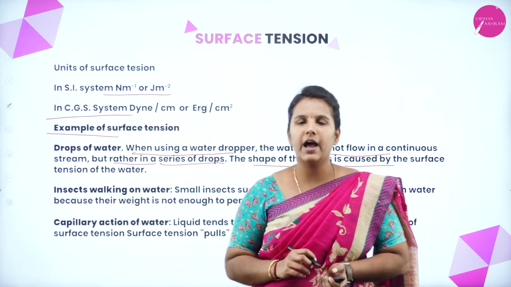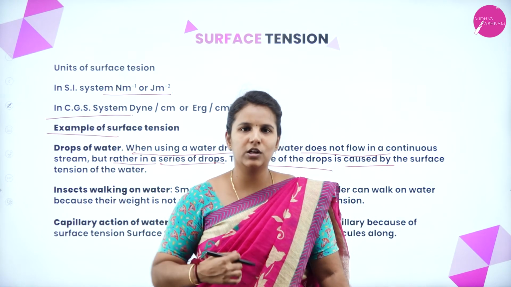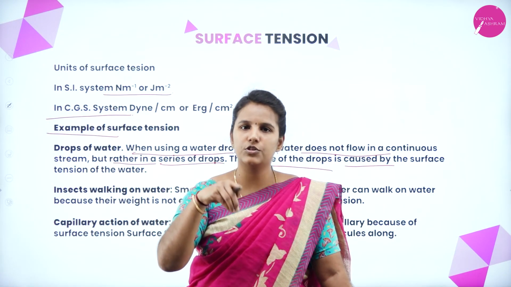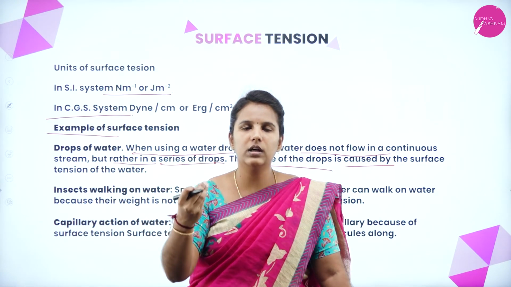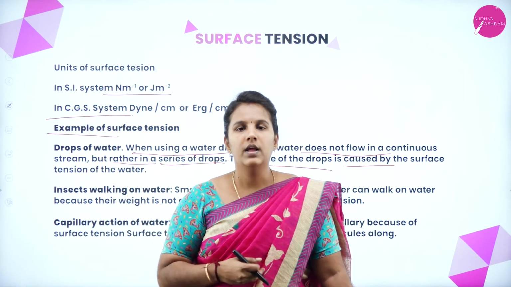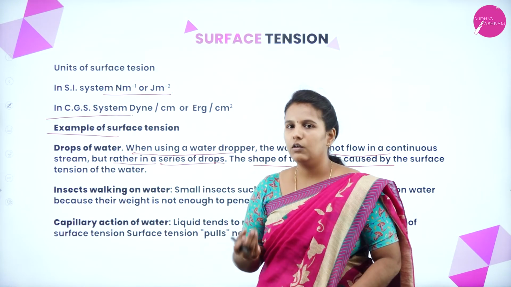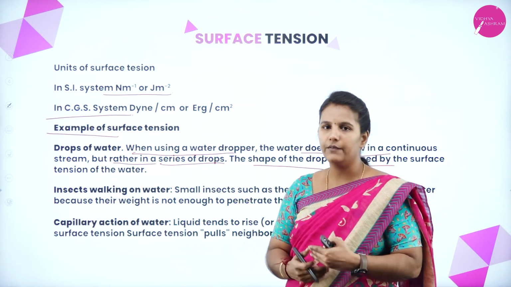You might have seen in the chemistry lab that when you use a dropper to take out any solution or liquid, the dropper drops the solution drop by drop. This is mainly because of the surface tension of the dropper along with the water.